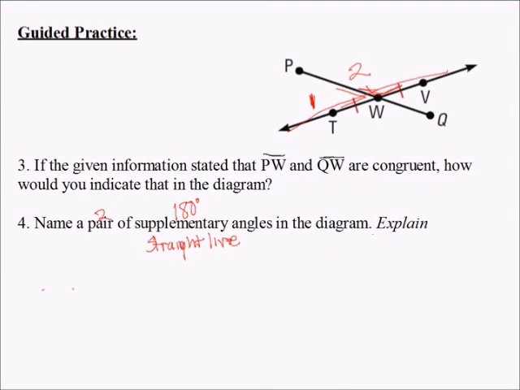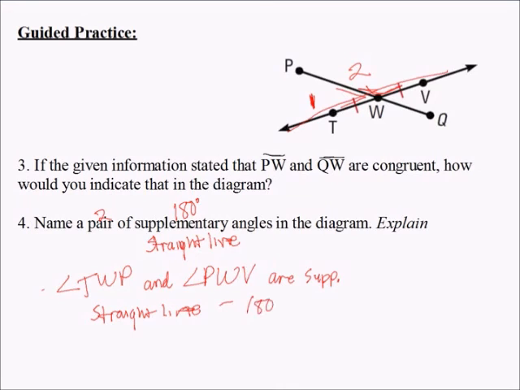So my explanation would be angle TWP and angle PWV are supplementary. How do I know that they're supplementary? They make a straight line, and a straight angle is 180 degrees. So that's my explanation. Next.